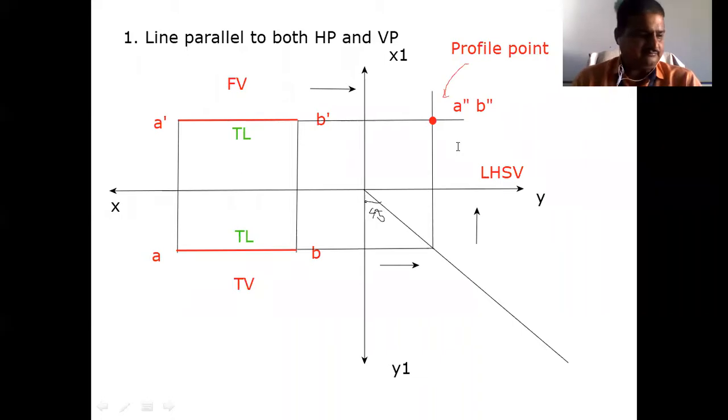AL is equal to apparent length. Apparent length means visible length.